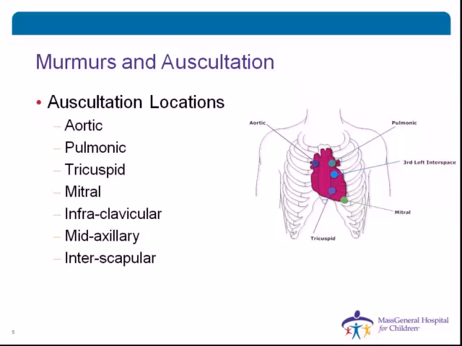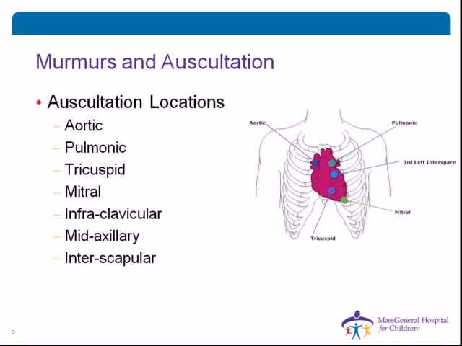To best define cardiac murmurs, it is important to evaluate the heart systematically. This diagram depicts four common locations of places for auscultation, including the aortic area, pulmonic area, the left third intercostal space, the mitral area, and also the tricuspid area.